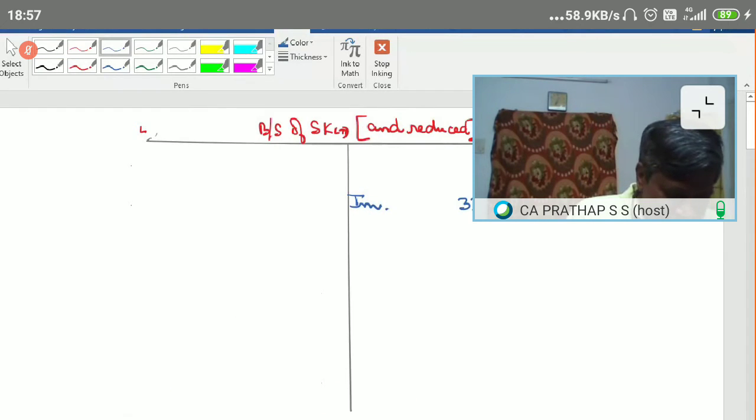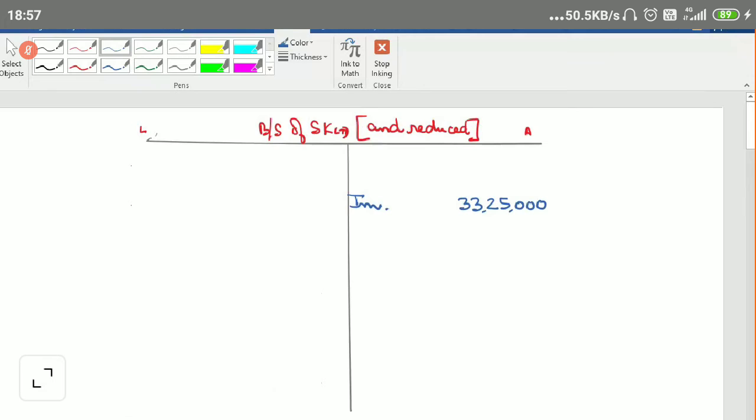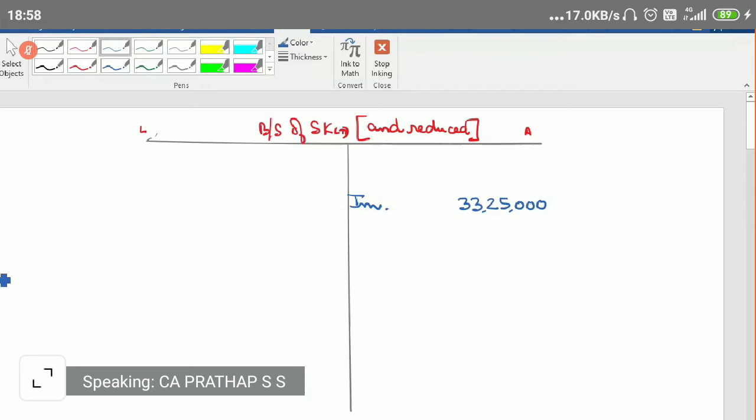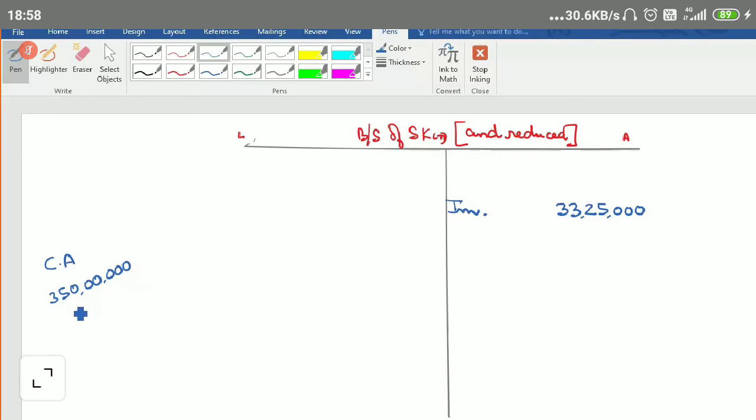Current assets in my balance sheet were 350 lakhs. Out of this, we paid out 5 lakhs, income tax settled for 5 lakhs 25,000. Now, what is the present?